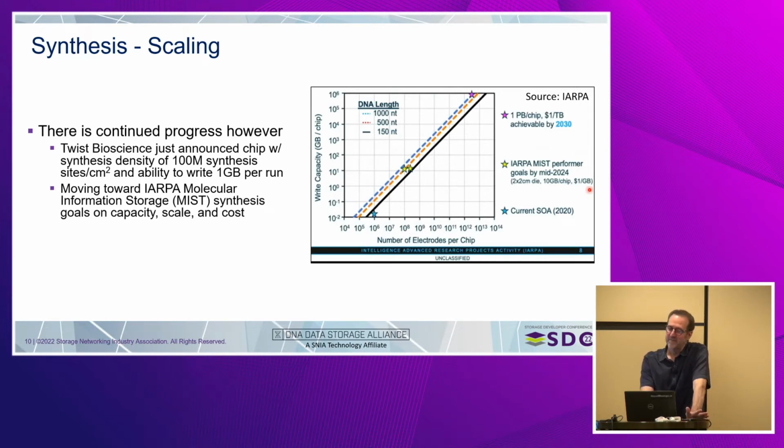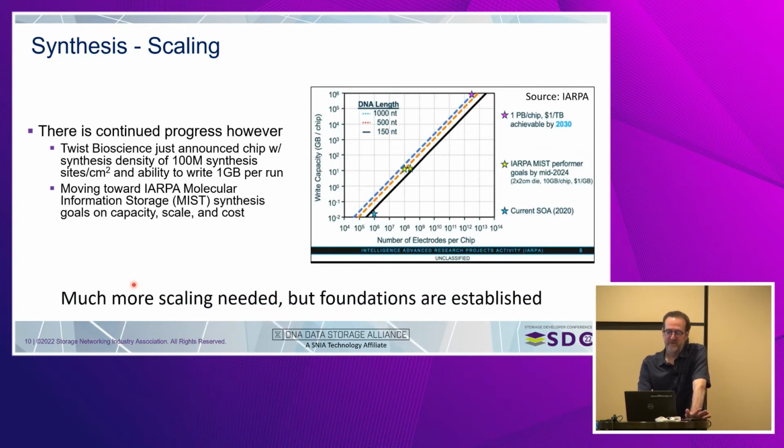I can't talk about any prices here because they're really hard to come by from the vendors, but we have a 1 gigabyte chip in 2022, so the indicators are that the industry is starting to scale. That's the real message. And at least according to the goals that IARPA set, we seem to be moving along this curve reasonably well. So much more scaling is needed, but the foundations are established, is the main message.